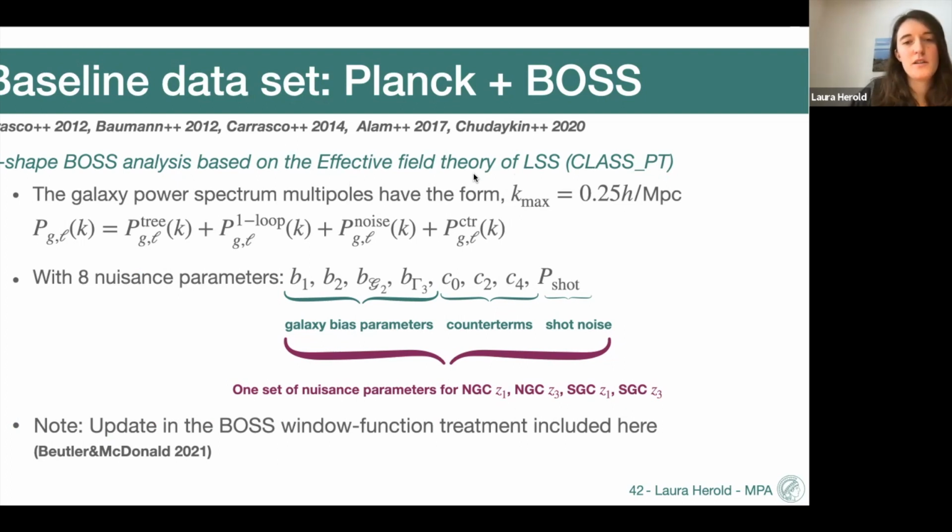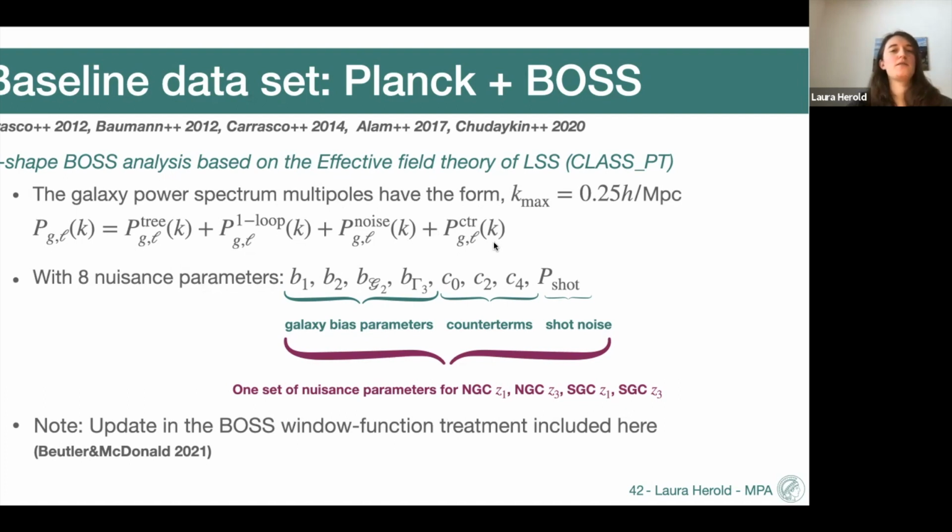I have one slide to explain the basic idea. EFT of LSS is based on perturbation theory. The galaxy power spectrum multipoles are given as a sum of the tree-level power spectrum part plus a 1-loop power spectrum part, which is the perturbation theory up to 4th order in density contrast, plus a shot noise term, and plus the counter terms. The counter terms are supposed to absorb the unknown small scale physics.